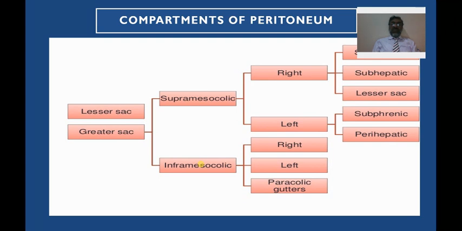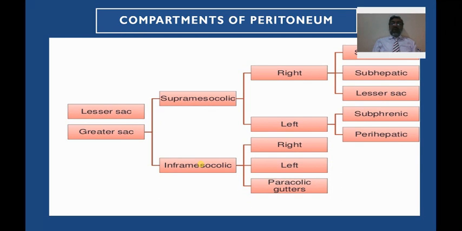One is supramesocolic portion and the other is inframesocolic portion. These are divisions based upon the transverse mesocolon. The area above it is called supramesocolic, while the area below it is called inframesocolic.